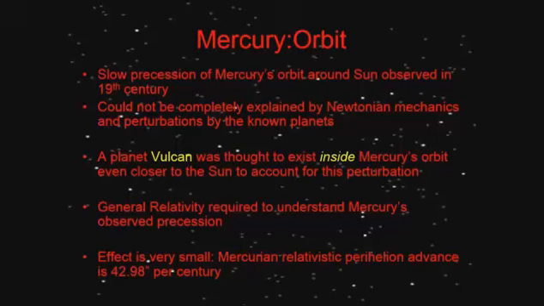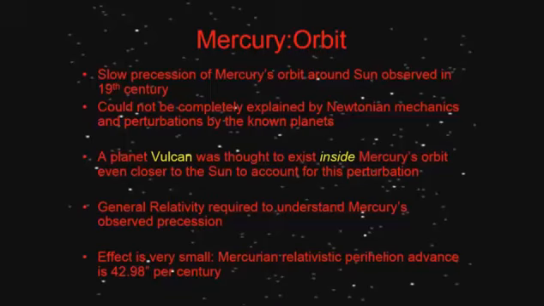We kind of discussed precession of orbits previously, and the slow precession of Mercury's orbit around the Sun was seen in the 19th century and couldn't be explained by Newtonian mechanics. We needed general relativity and Einstein's work to explain Mercury's orbit fully, because Einstein's theories explain the effects of very intense gravitational fields.